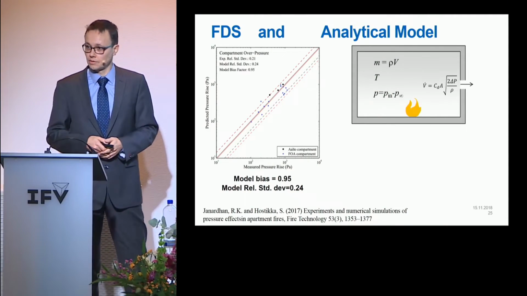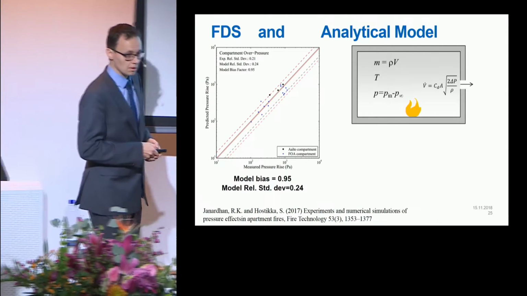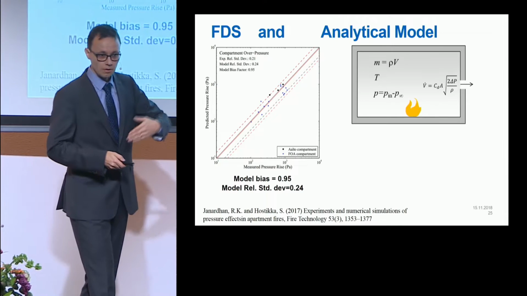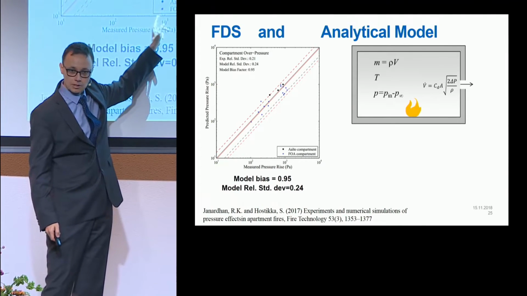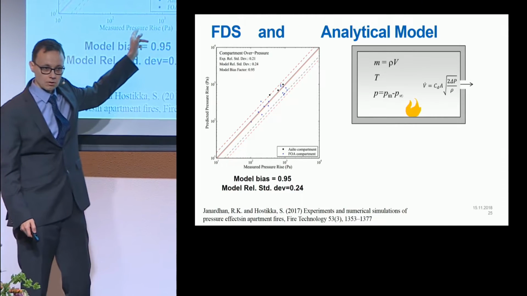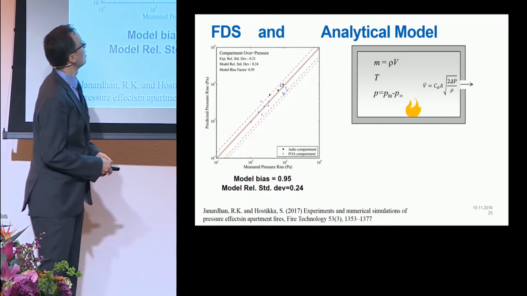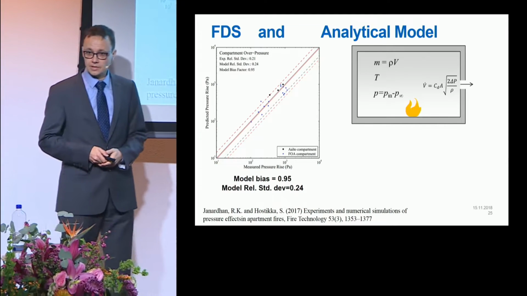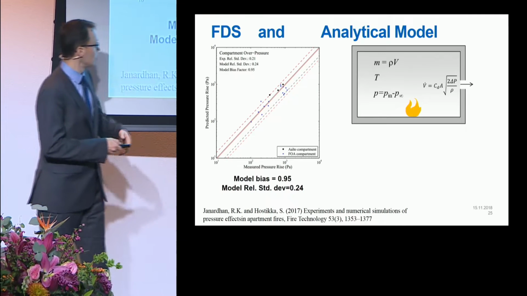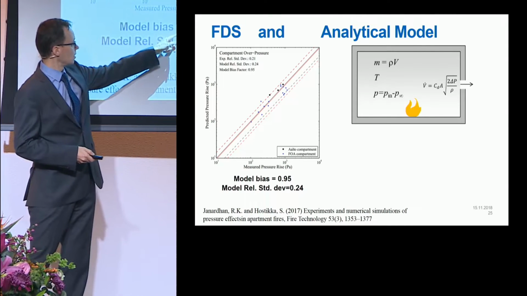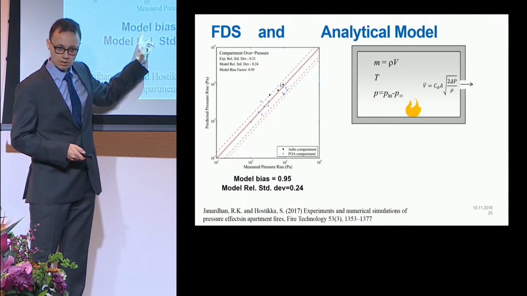Now let's look at the modeling. We have used two different types of modeling. First, FDS, carefully modeling our own experiments, and then another campaign that was conducted by the Swedish Defense Research Organization, FOA. Using the FDS validation methodology, we can measure the model uncertainty or model accuracy.